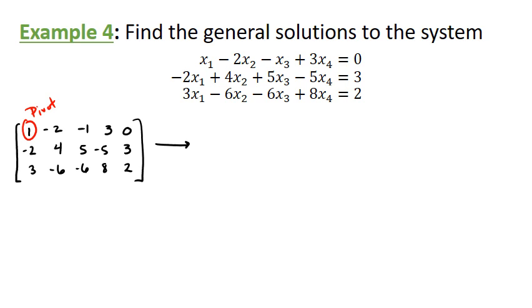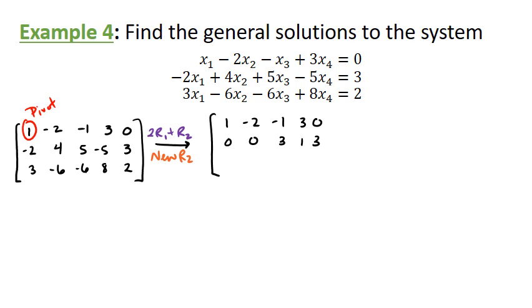I'm going to take row 1 and multiply it by 2 and add that to row 2, and this will give me my new row 2. So row 1 will remain the same, but row 2 becomes 0, 0, 3, 1, 3.